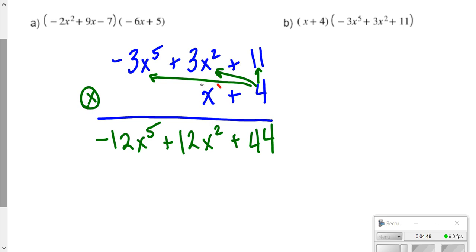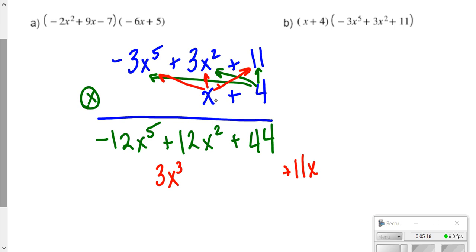And now I'm going to take the x and multiply it to all these things. Again, just like distributing, the advantage here is that I would look for things that are like terms. So here I'd have x times 11, and I didn't have anything with an x before, so I'm going to kind of just squeak this in over here. And then the x times the x squared is going to make x cubed, and I also didn't really have that in this problem, so I'm going to kind of put it in between.